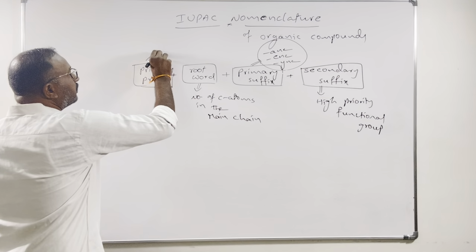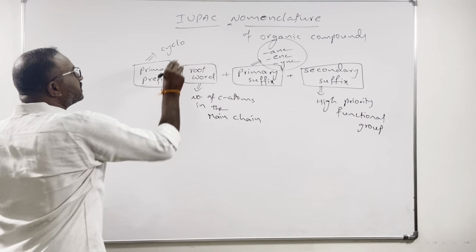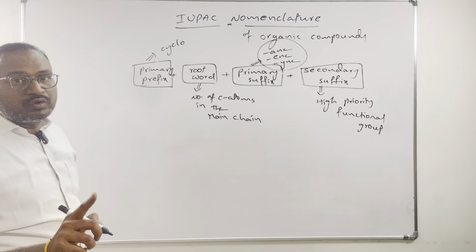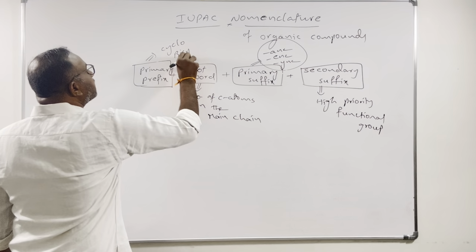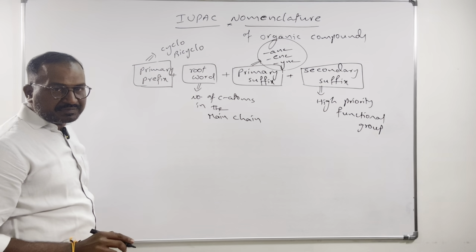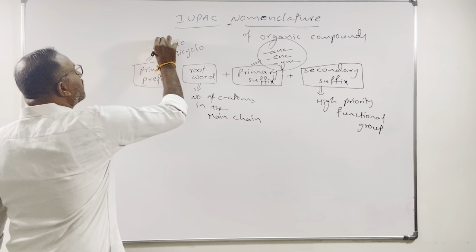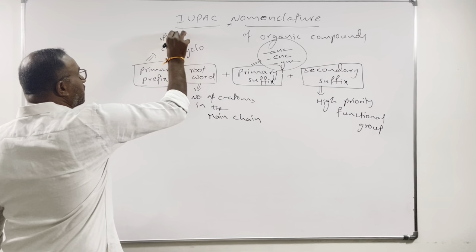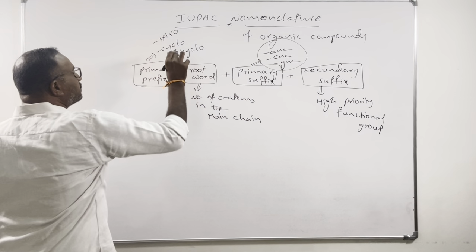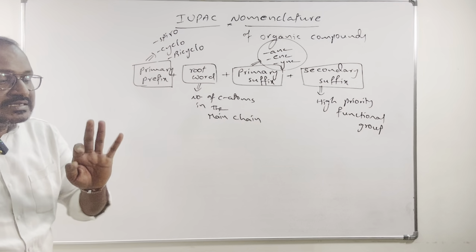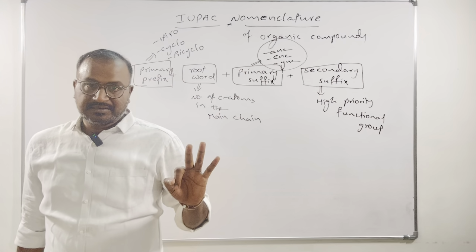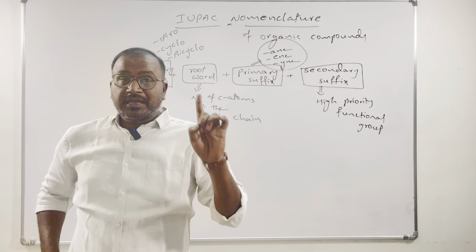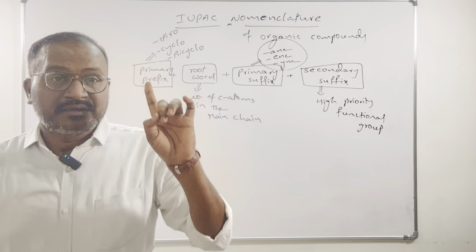If the compound is cyclic, cyclo is the primary prefix. If it is bicyclic, bicyclo is the primary prefix, or if the organic compound is spiro, spiro should be there. These three words come under primary prefix.